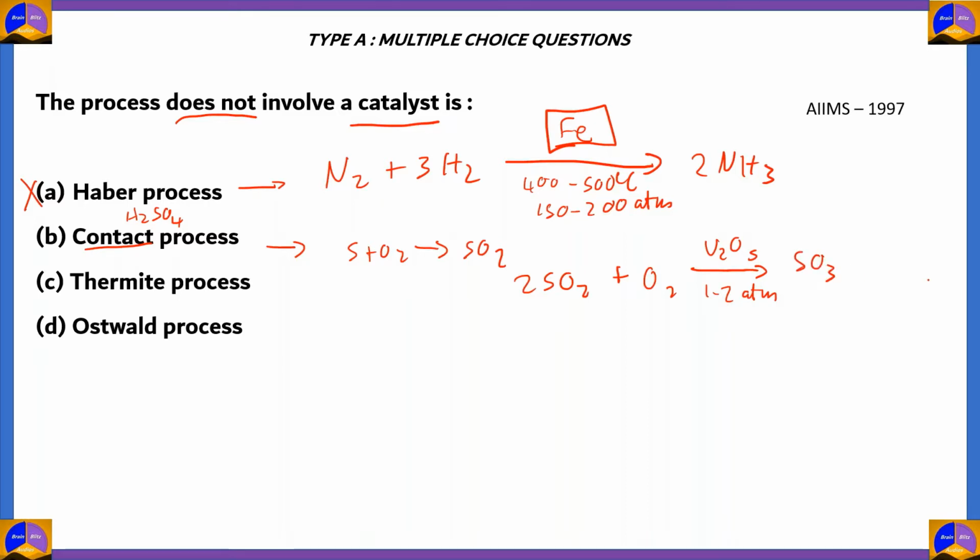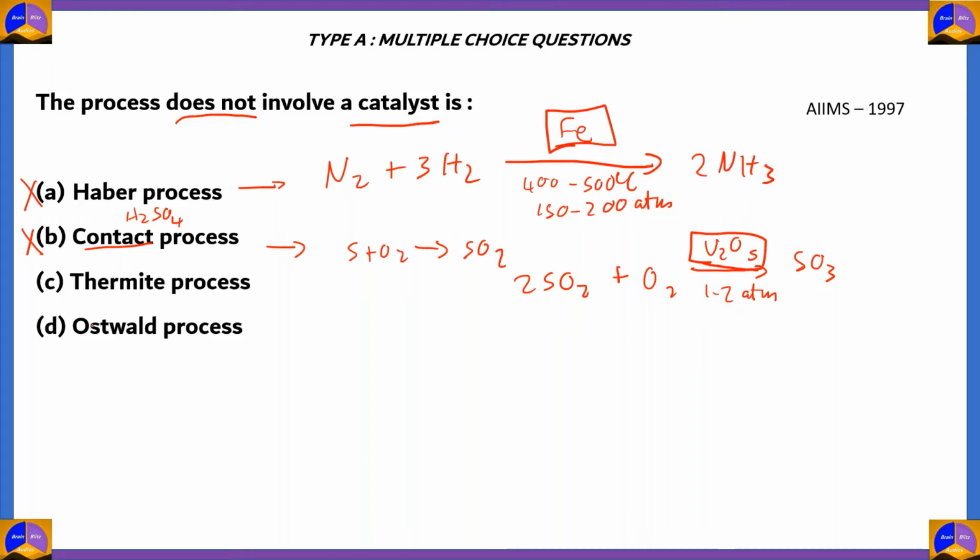Now there are processes other than that, so you have to mix SO3 with H2SO4 to give you H2S2O7, and then add water to get 2H2SO4. But we don't need to go all the way because we already know that in this step, we have a catalyst, vanadium pentoxide. So vanadium pentoxide acts as a catalyst in one of the reactions of the contact process. So it involves a catalyst. So option B is also incorrect because it has a catalyst.